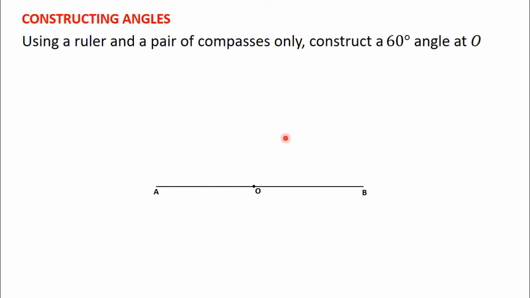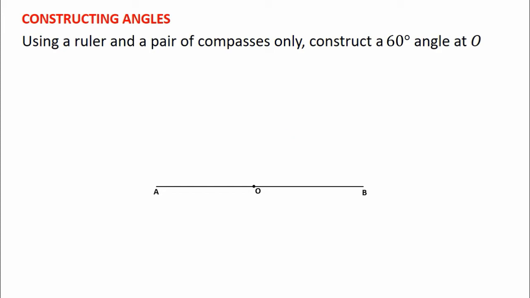So if we have a semicircle which will give us 180 degrees and we divide that semicircle into 3 equal parts, each part will give us 60 degrees. This means that if we want a 60 degrees angle, we will first have to draw a semicircle which will give us 180 degrees. Then we will divide the 180 degrees into 3 equal parts.